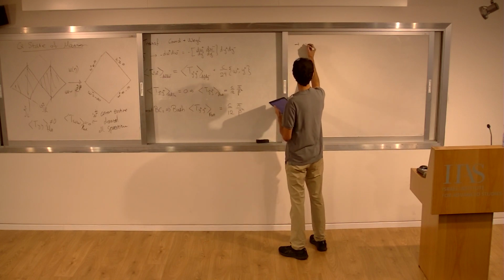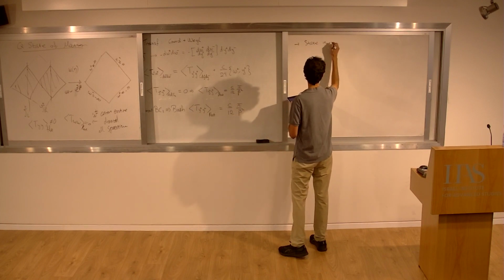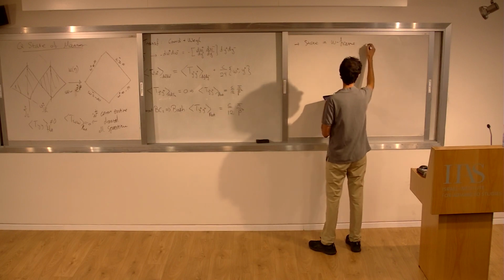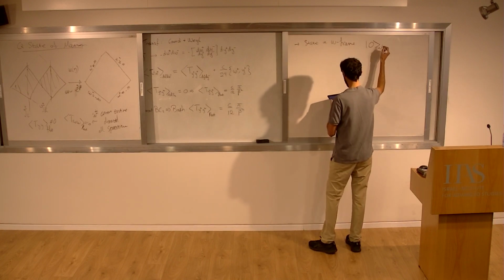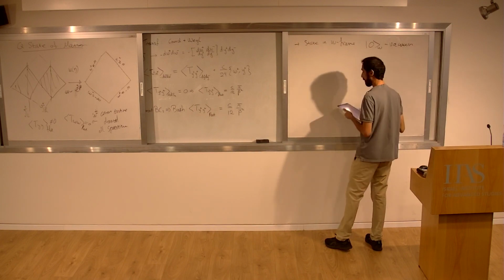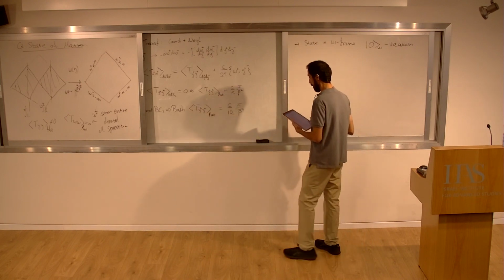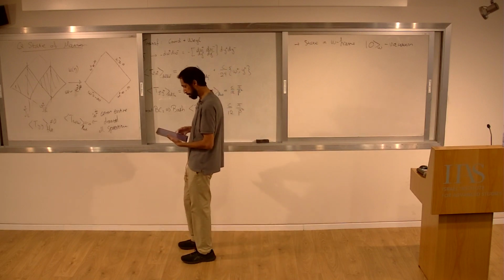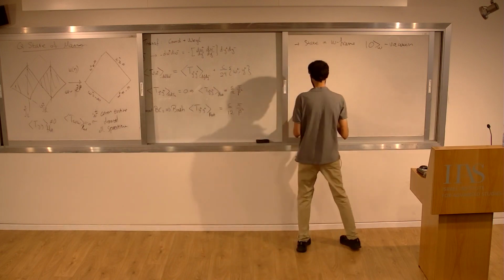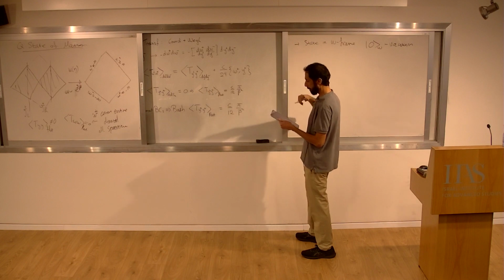I'm going to say that the state in the w frame is the vacuum. That simply follows because the expectation value of the stress tensor is 0.